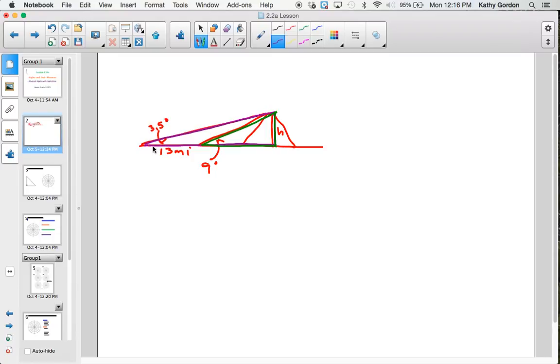I only have this 13 miles right here, and so I just labeled this with X. I don't know how much it is right now, but it's the same in both triangles, right? So now I can say that opposite over adjacent is tangent, so taking the tangent of 3.5 degrees has to be equal to h over this entire side, which is now 13 plus x.